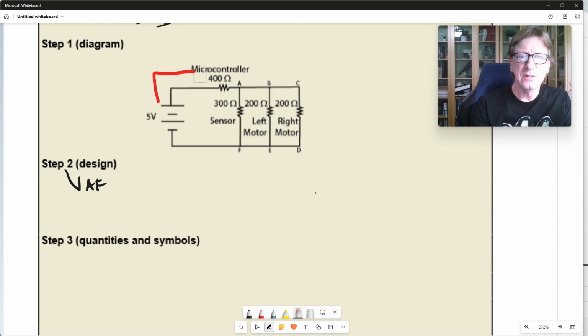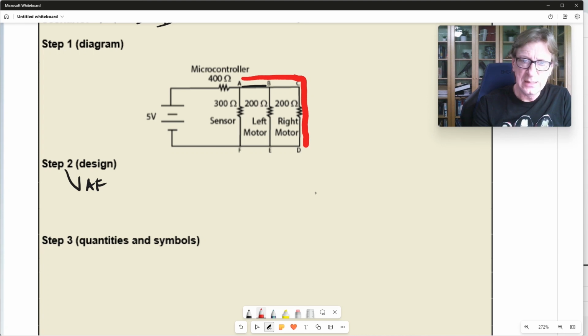I'm going to get rid of these so that we don't have too many lines coming back and forth through here. So the next loop that we might look at, you saw that loop included the microcontroller and the sensor. So I want to add a new component with this. So one might be, let's use a different color so we can see it, using A, C, D, and F. That would be one that we could use.